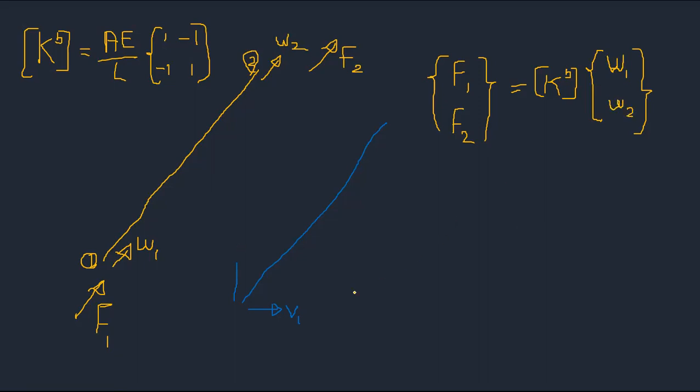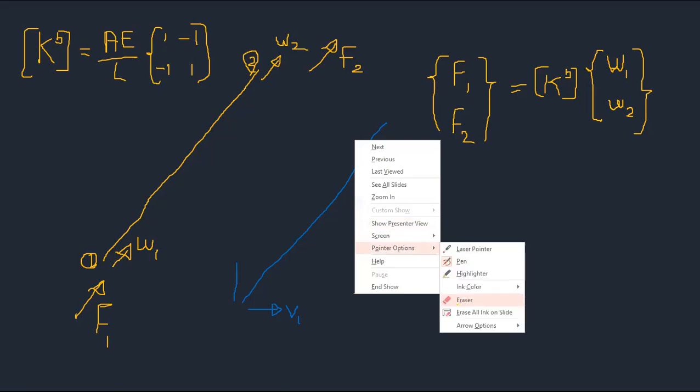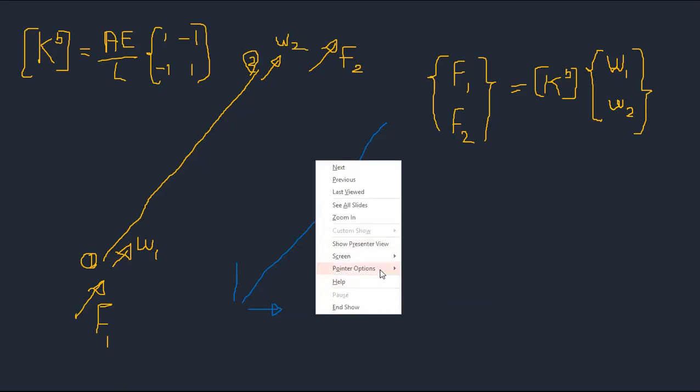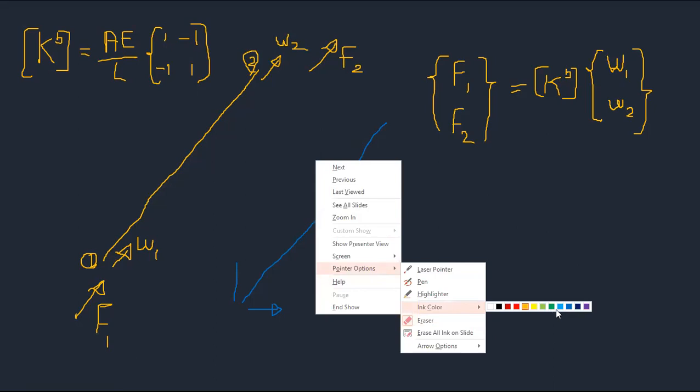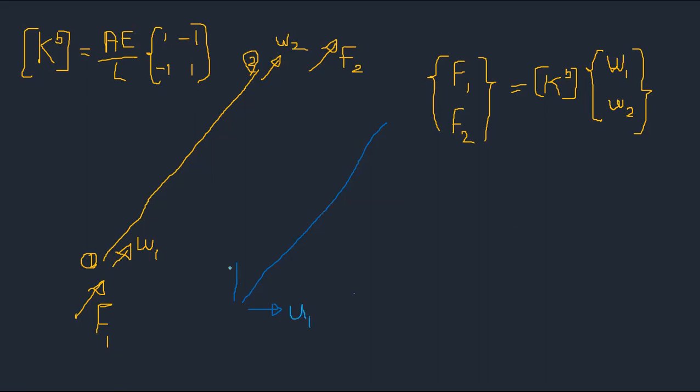So I have defined the global forces and displacement in global X and Y axis. Okay. So U1, V1, the displacements, right? The same member, right? U2, V2, right?